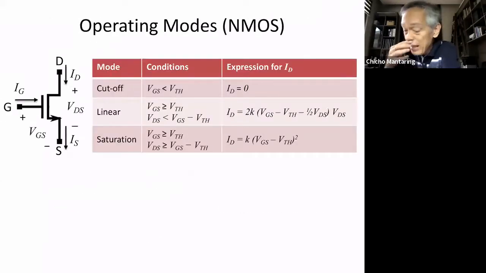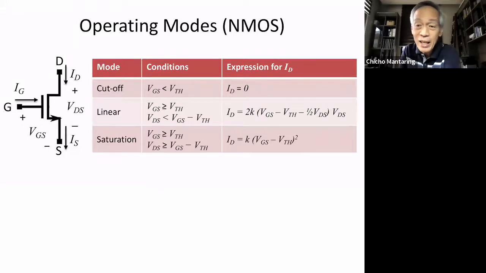And that's the nice thing about the MOS transistor. If I sub G is equal to 0, meaning whatever voltage is applied to the gate does not have to deliver any current. If it does not deliver any current, it does not deliver any power.